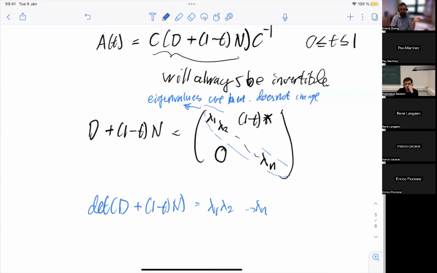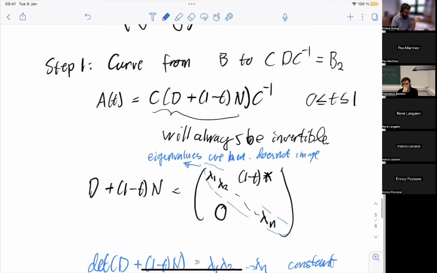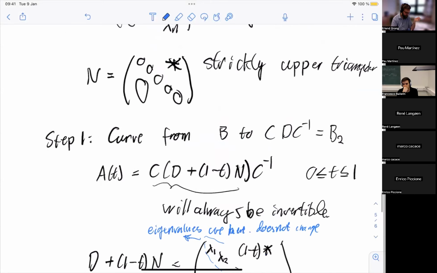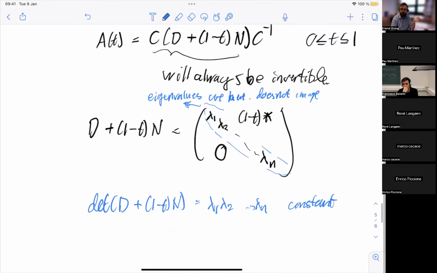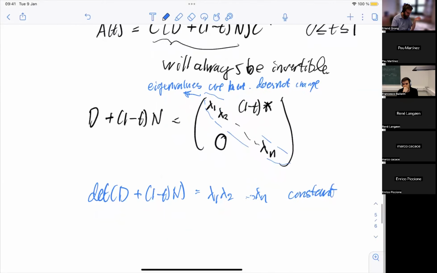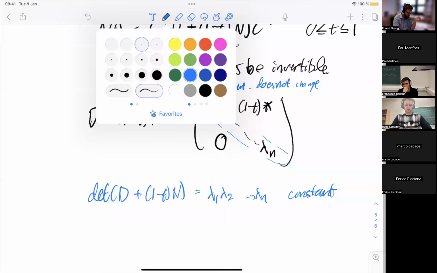So this will remain invertible even with this change of the upper part. So that's the first part, is that we can get rid of this nilpotent part so that we are left with just the invertible part, and then just with the diagonalizable part.